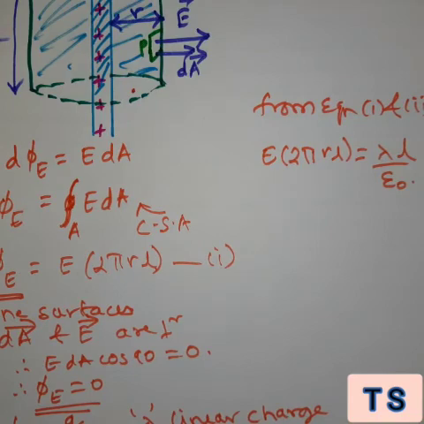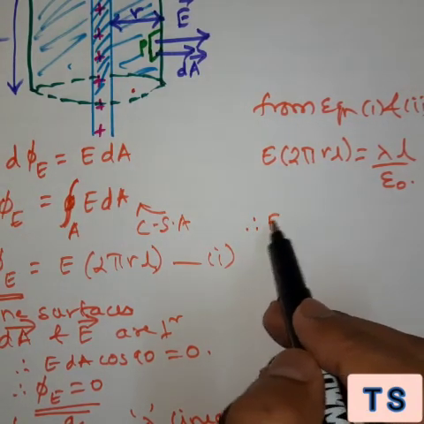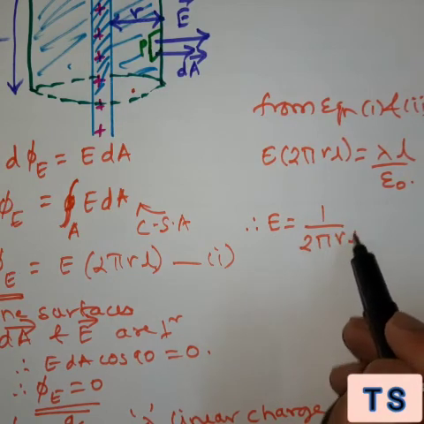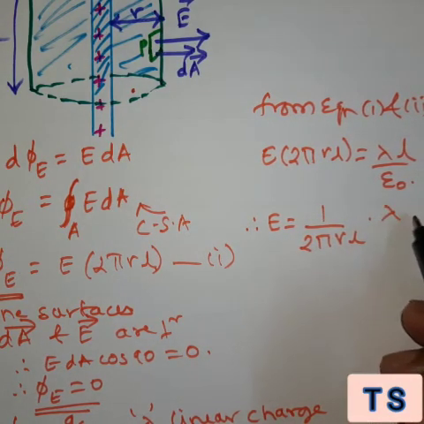If I simplify this ahead, I get E equals 1 upon 2 pi RL into lambda L upon epsilon naught.